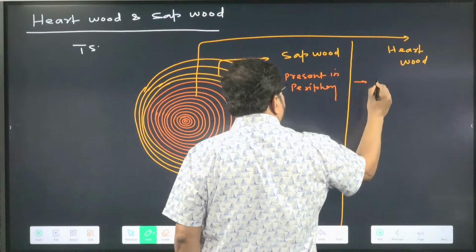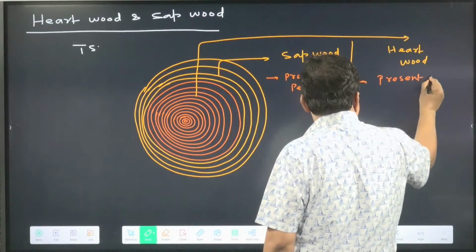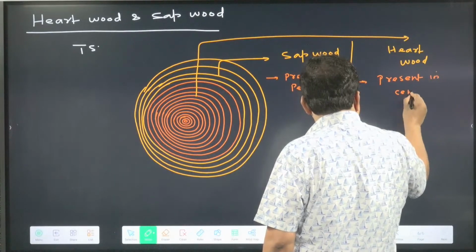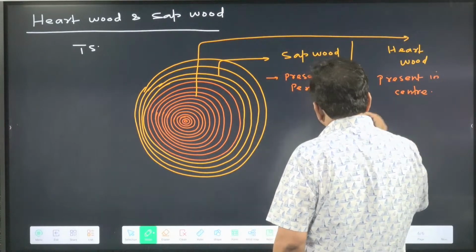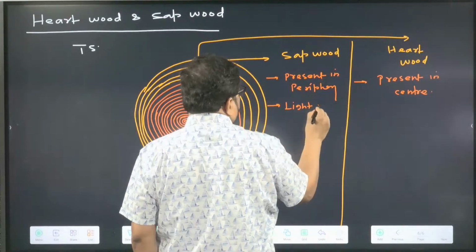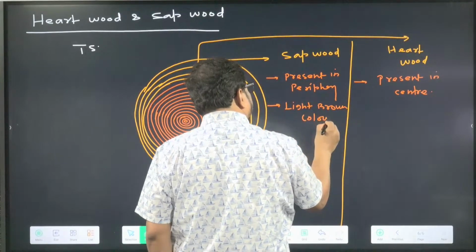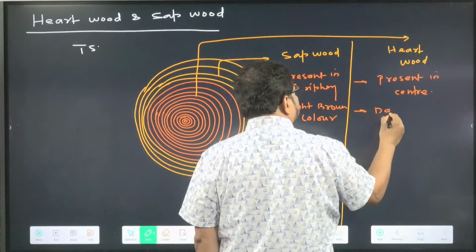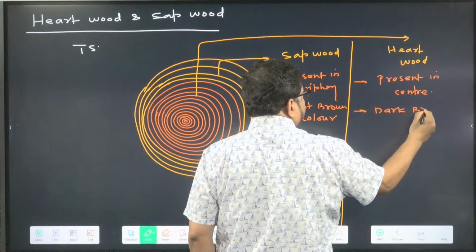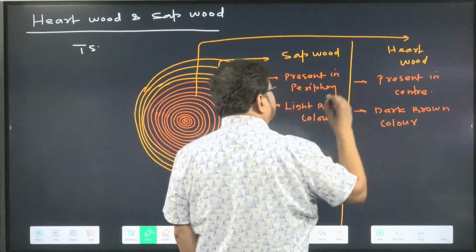Heartwood is centrally located, present in the center. Sapwood is light brown in color, and heartwood is dark brown in color.